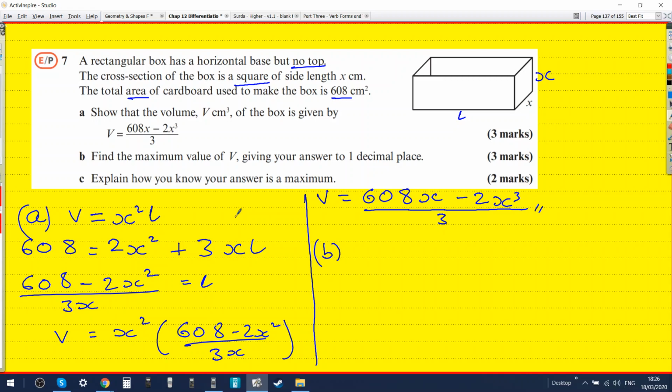Okay, B. So if it was a minimum, it would be equal to 0. But it's not a minimum. What would be at a maximum? What is equal to 0? Something like dy dx.